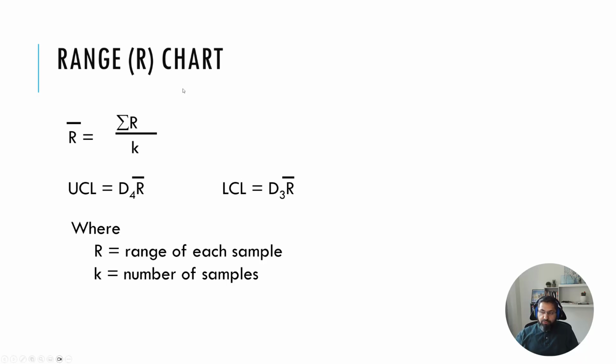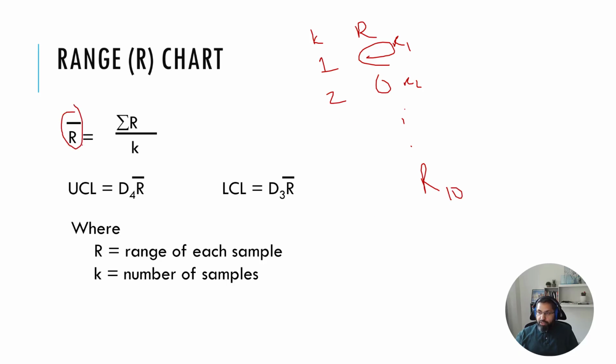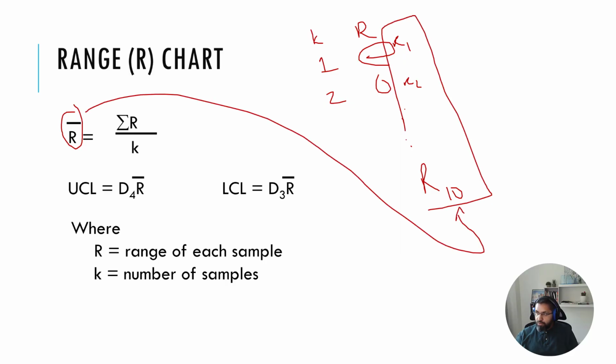So these are the formulas for a range chart. You find the range for each sample. So if you have 10 samples, for sample 1 you'll find a range value, for sample 2 you'll find a range value. Let's call them R1, R2, and so on, so you'll have 10 range values, one for each sample. So R bar is going to be the average of these 10 range values.